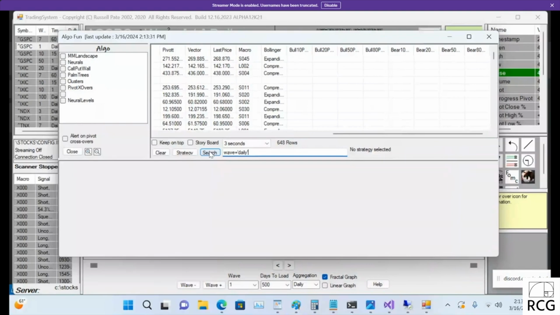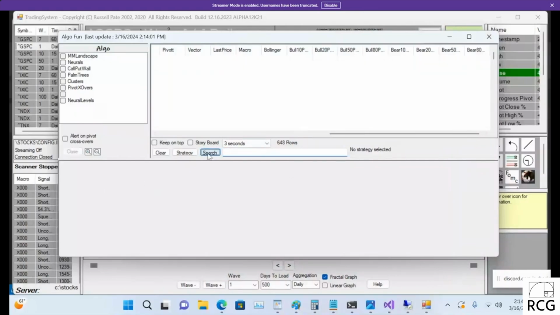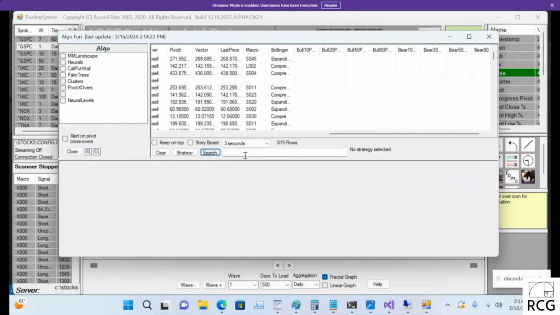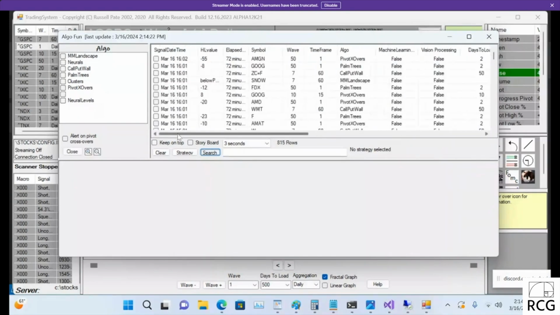Is it not time frame equals daily? Let's see. Yeah, last time I tried to use Algo Fund, it seemed kind of buggy, and I couldn't tell if it was me using it wrong.